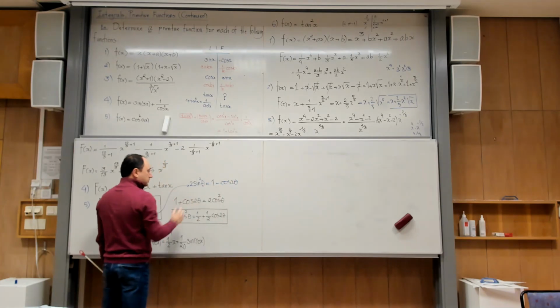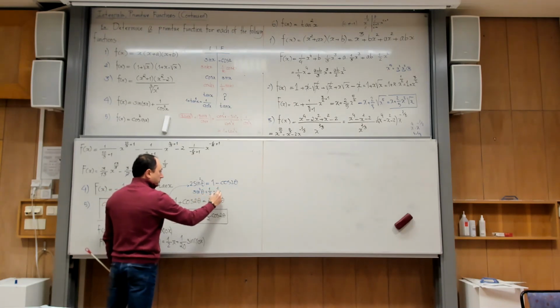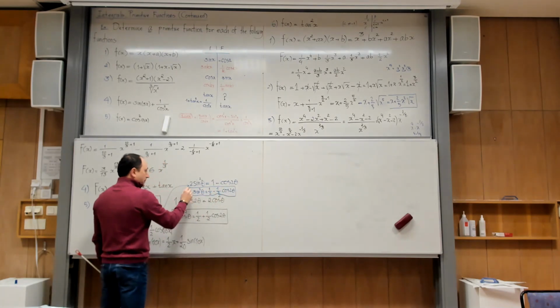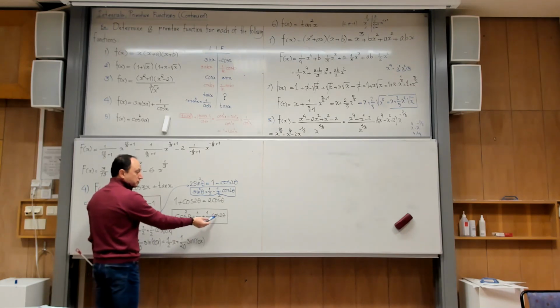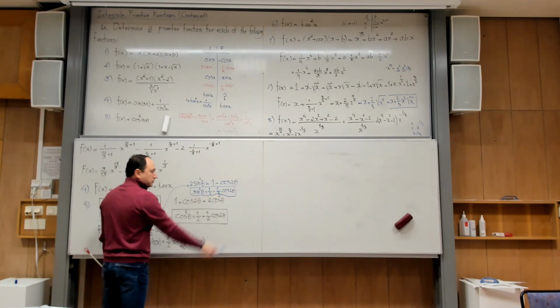And then I divide by 2. It becomes sine squared theta is 1/2 minus 1/2 cosine 2 theta. Don't get confused, they are very, very similar. So cosine to the power of 2 theta is 1/2 plus 1/2 cosine 2 theta. Sine squared theta is 1/2 minus 1/2 cosine 2 theta.